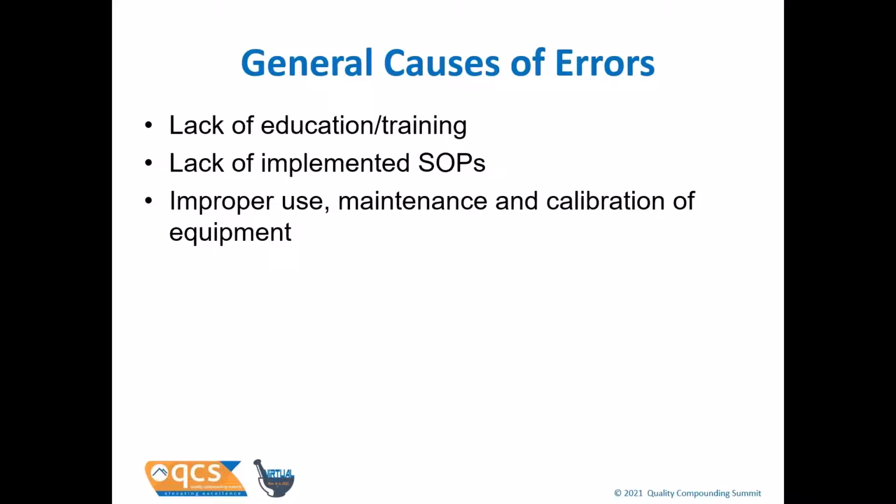And so it's sad that a lot of the scientific courses and laboratories were eliminated. And so we have been experiencing what the result was of the decrease in scientific education and laboratory training in the pharmacy curriculum. So lack of education and training is one of the causes of errors.